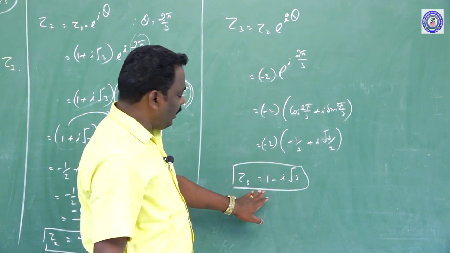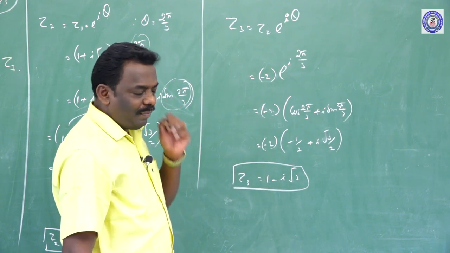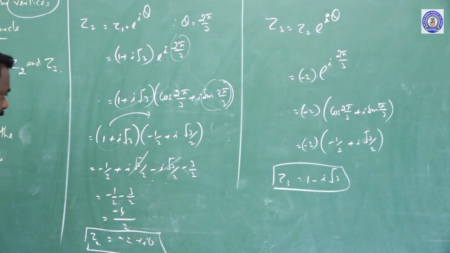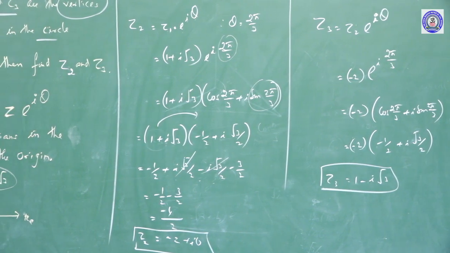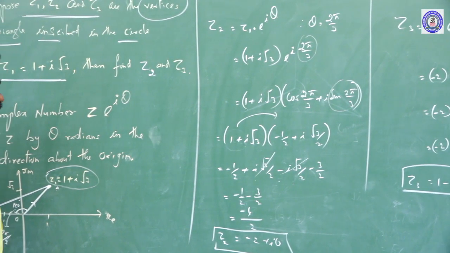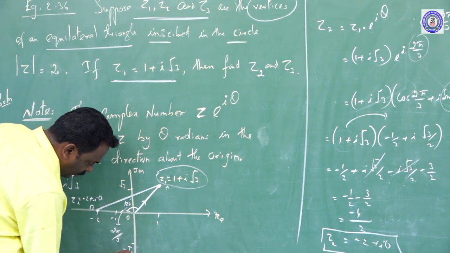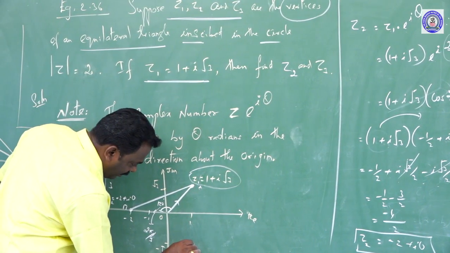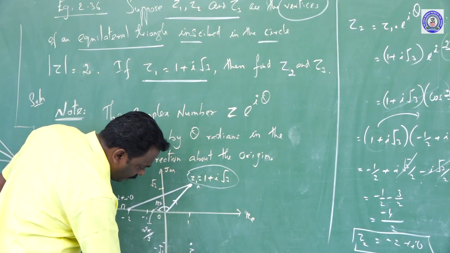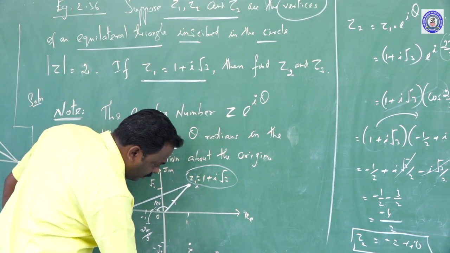So this number we now plot in the graph. Plotting the third vertex, 1 minus I root 3, the point Z3 is approximately at 1 minus I into root 3.